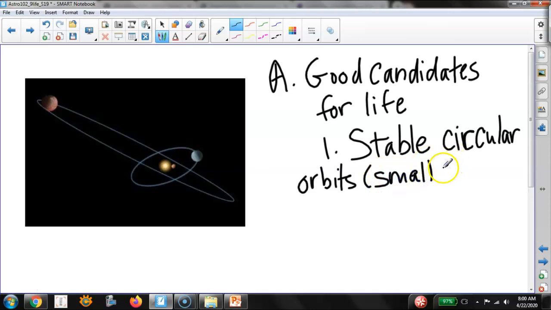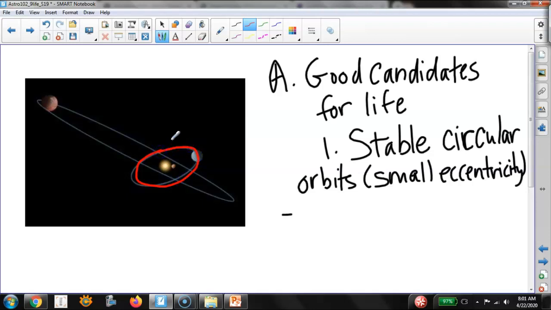So when you have something that's not a perfect circle, it's an ellipse or an oval type shape, but if it's just almost a circle, just slightly elliptical, then we say it has a small eccentricity. If it gets too elliptical, too oblong, then you have problems. So we want a stable circular orbit.